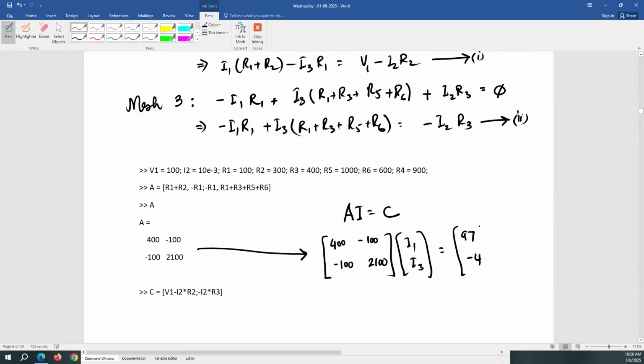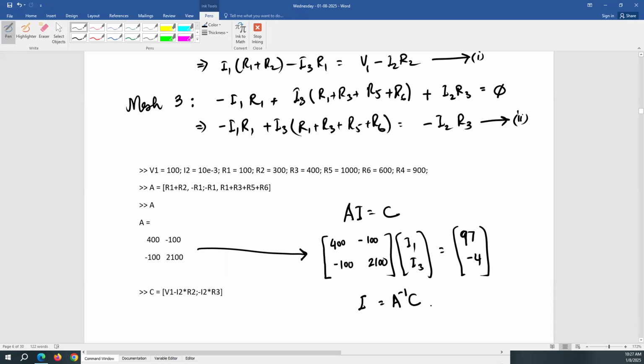So this is basically your coefficient matrix multiplied by the current vector is equal to the constant vector. And from that, you are calculating I1 and I3 by taking the inverse of A, and then multiplying it by C, matrix multiplication. I is equal to A inverse times C. So that's the operation we are doing.